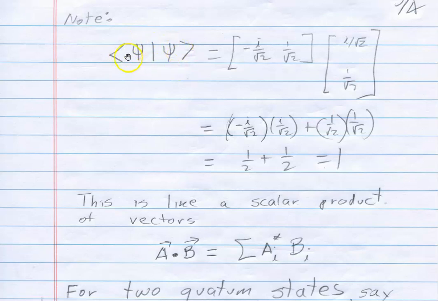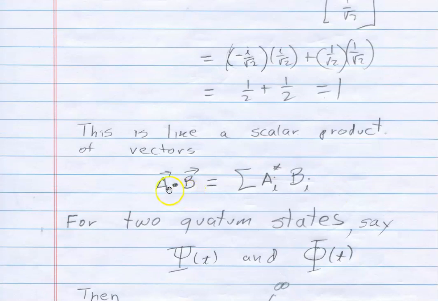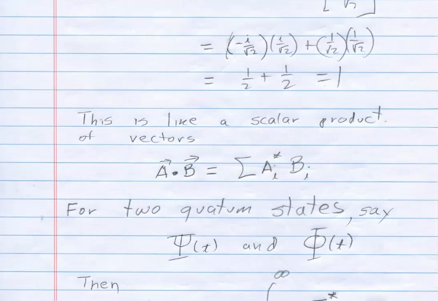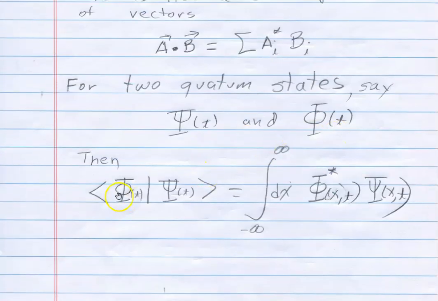This notation leads us into an analogy for a scalar product between complex vectors. A complex scalar product is just the sum over all of the components, taking the complex conjugate of the first one and multiplying it times the corresponding component of the second one. For two quantum states, I can do a similar thing.